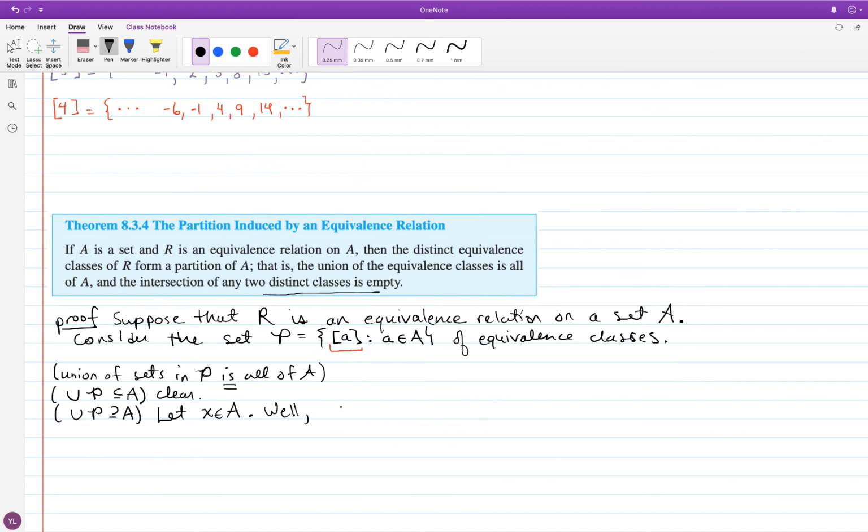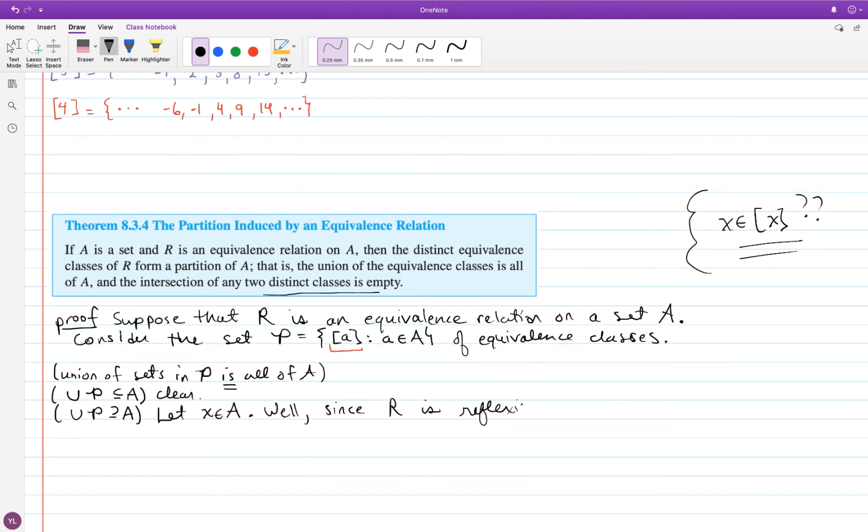So why would it be the case, off to the side here, that an element of A would be an element of its own equivalence class? What is it about the relation R that guarantees this? Well, since R is reflexive, it's reflexive, symmetric, and transitive, but in particular it's reflexive, we have that X is related to itself.